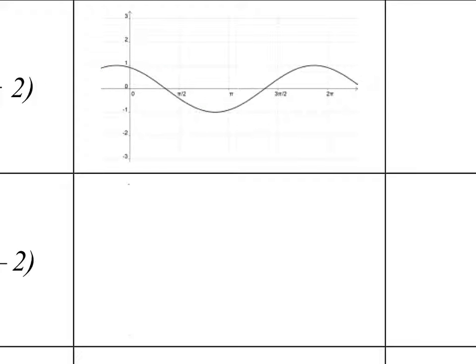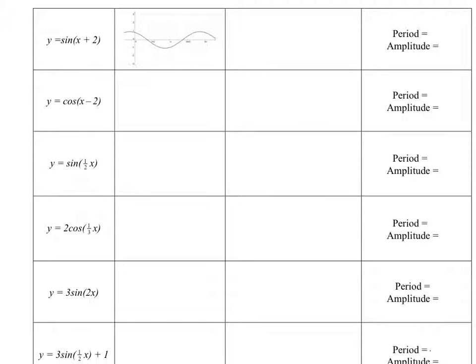So this point, the point that's usually here, that goes up like this when we have sine of x, has actually been shifted 2 to the left, so it starts actually way over here and goes up. So we can describe that as a translation 2 units to the left. The period stays the same and the amplitude also stays the same at 1.